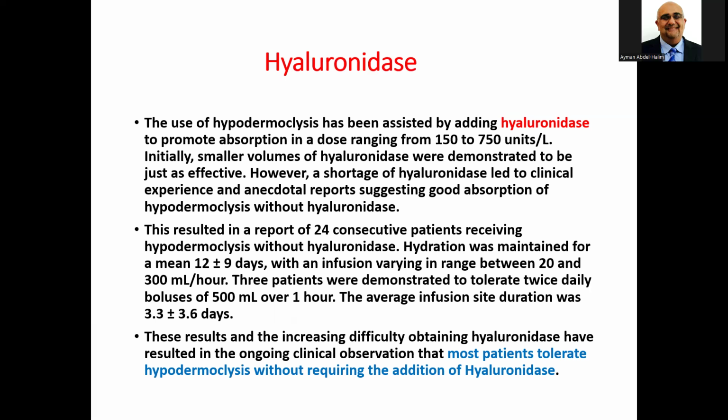Now, it's genetically made. So if you feel like you're having difficulty, you can add 150 units of hyaluronidase to the liter. This will facilitate the flow of the fluids.